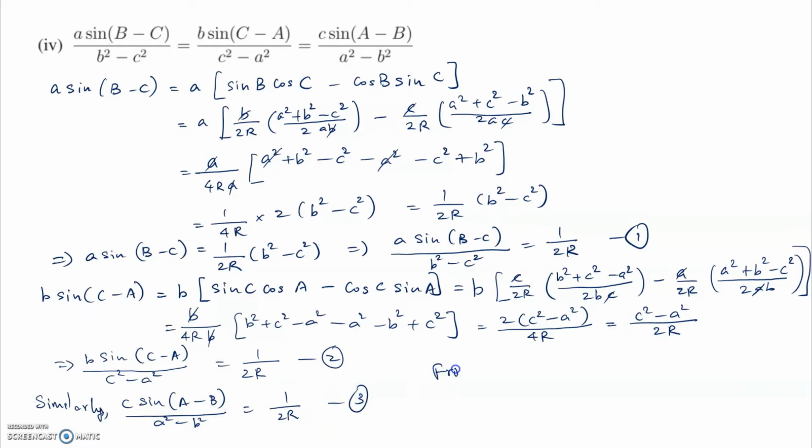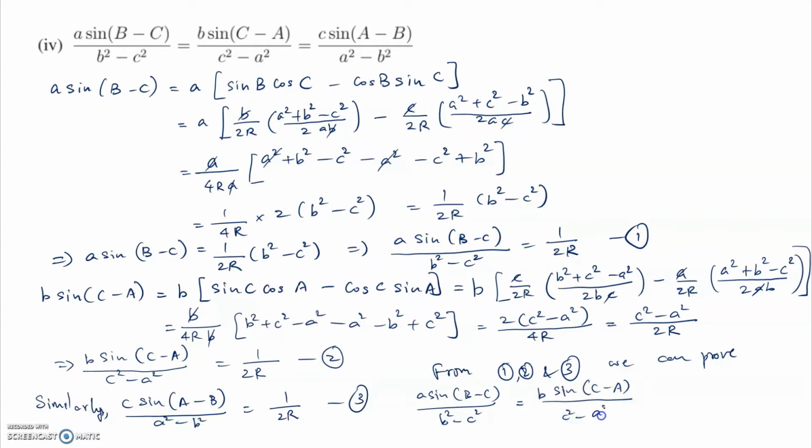So from 1, 2 and 3, we can prove a sine b minus c divided by b squared minus c squared is equal to b sine c minus a divided by c squared minus a squared is equal to c sine a minus b divided by a squared minus b squared. Hence the proof.